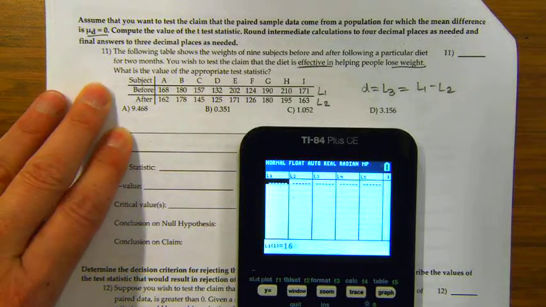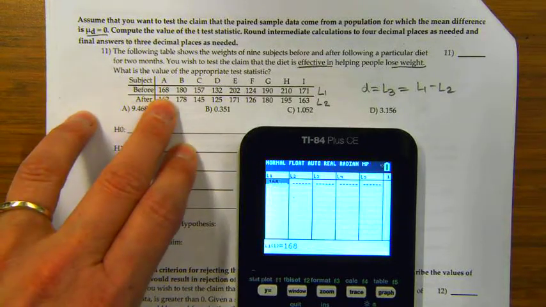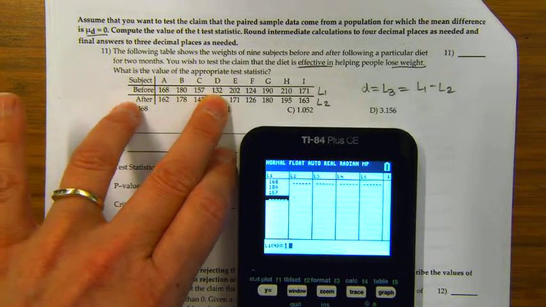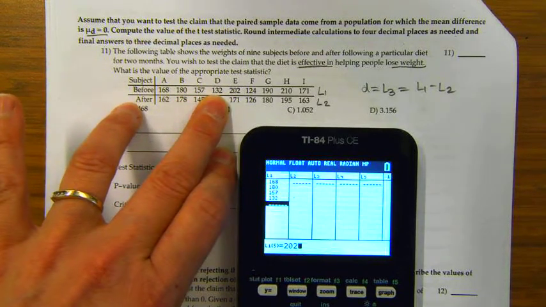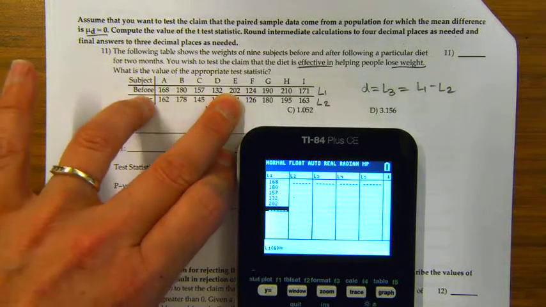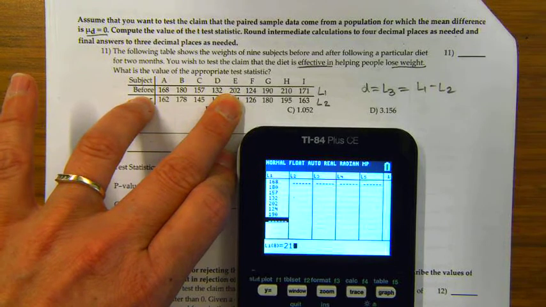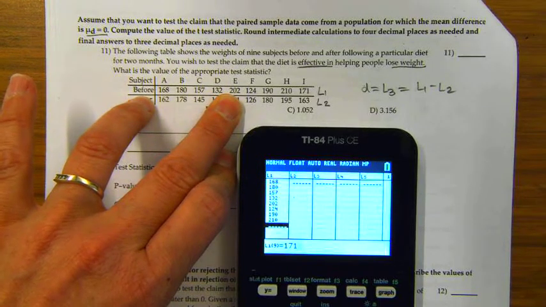We're putting our before data into list 1: 168, 180, 157, 132, 202, 124, 190, 210, and 171.